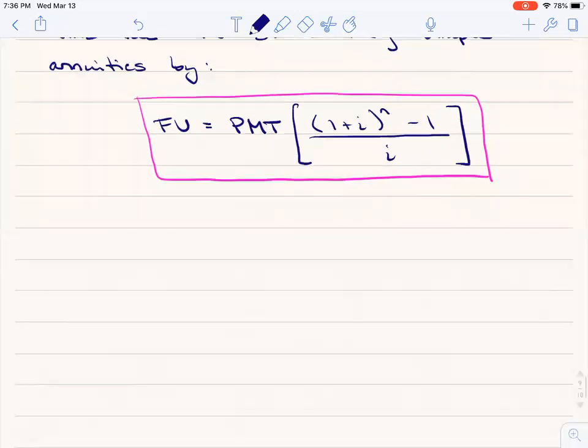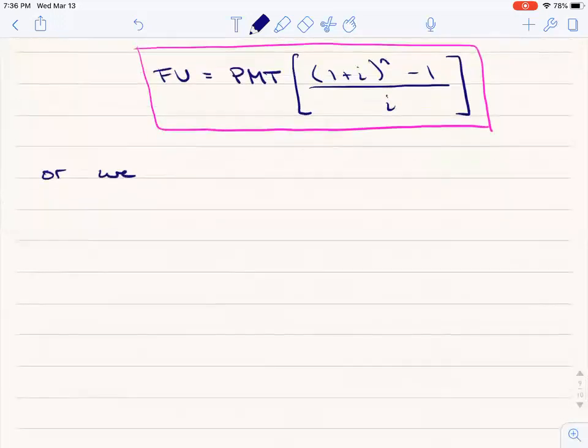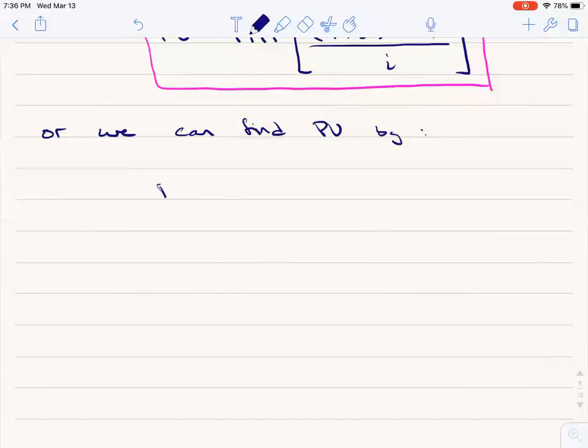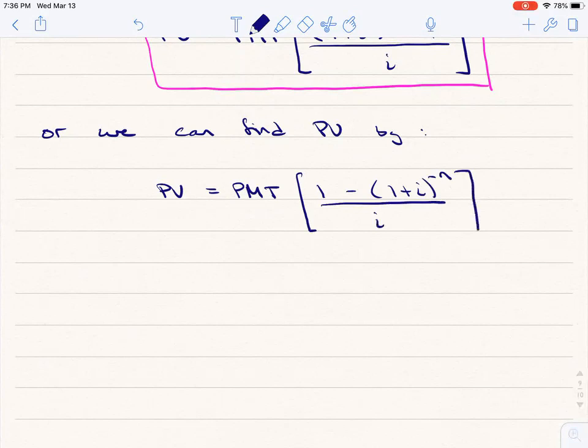Or we can find PV, the present value. The present value is the PMT, similar setup, just discounting: PMT times big brackets, 1 minus 1 plus I to the power of negative n, over I. This is, of course, also on your formula sheet.